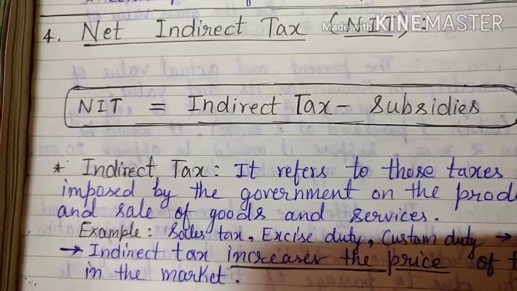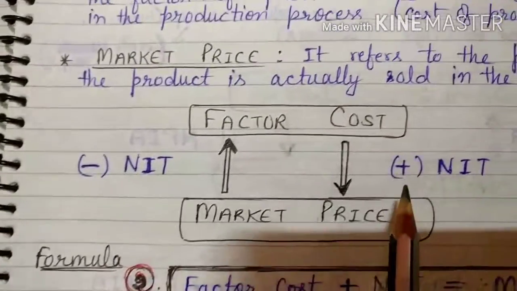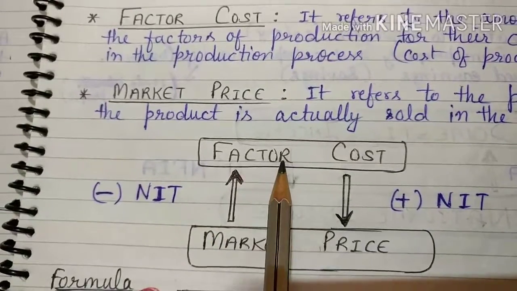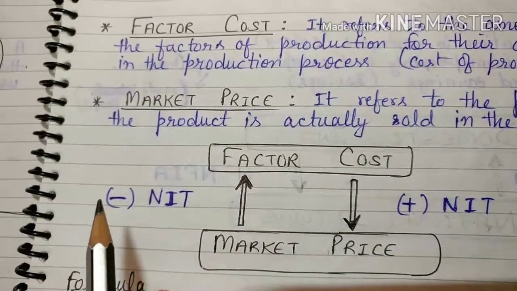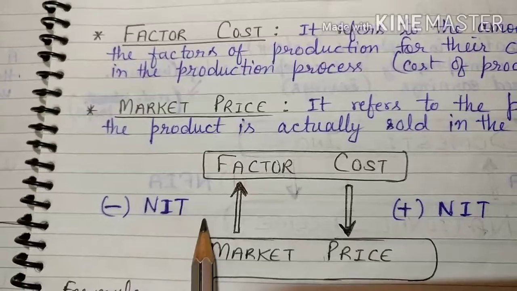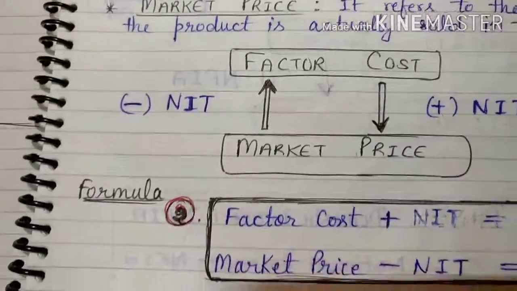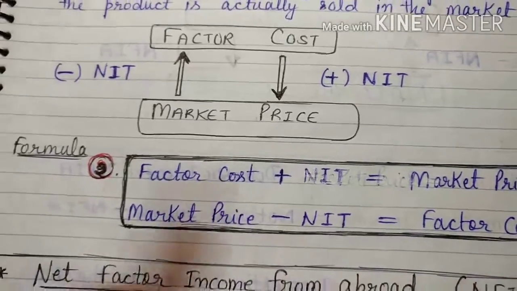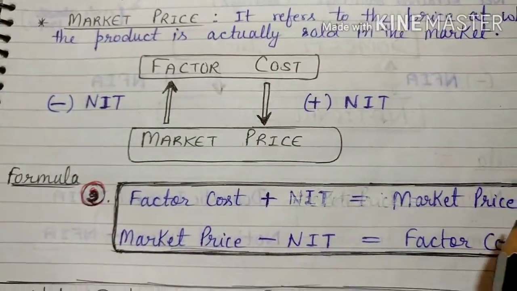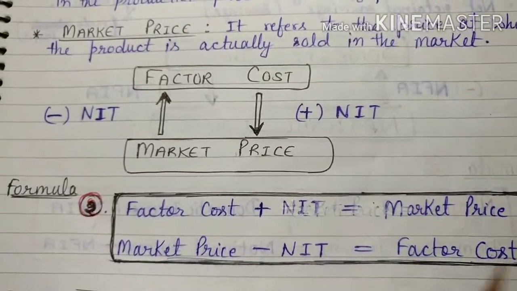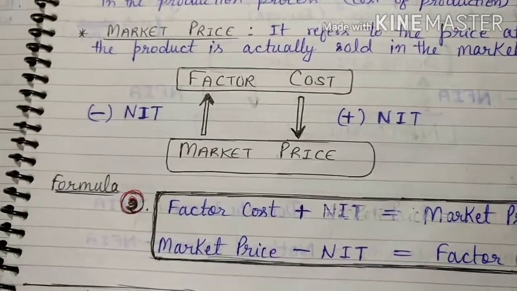Now suppose we have market price and we want factor cost, we have to subtract NIT, and then we get factor cost. So formula number 2 is: factor cost plus NIT equals market price, and market price minus NIT equals factor cost. This is it for today's class. I hope it is clear to you.